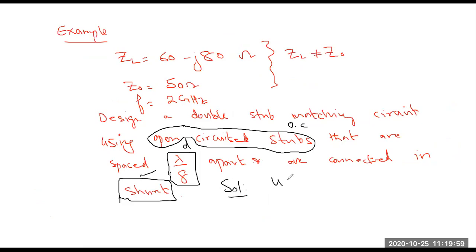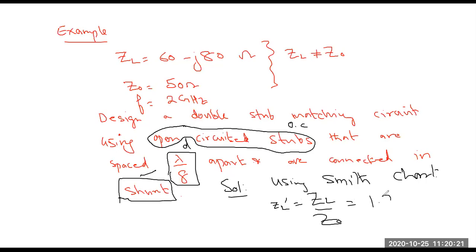So how are we going to solve this using the Smith chart? As always, whenever you are using the Smith chart, the first thing you need to do is normalize the load impedance. So ZL dash is 1.2 minus j1.6.